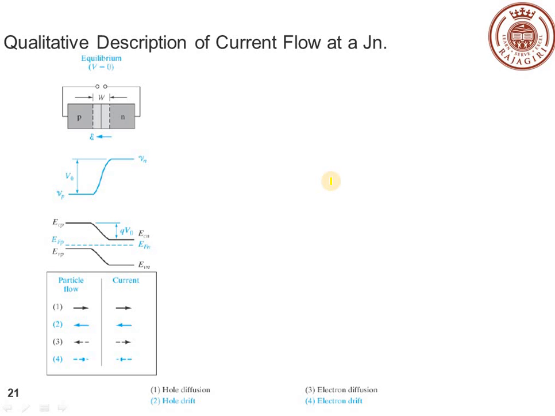Now we have seen the particle flow and current flow directions also. We are having 4 components: hole diffusion, electron diffusion, hole drift, electron drift. If you see the diffusion components of the current, hole diffusion and electron diffusion, they have the same direction.